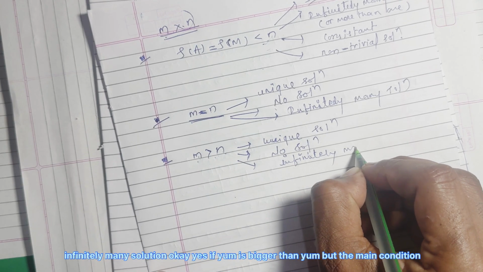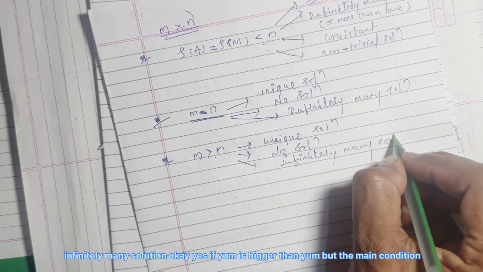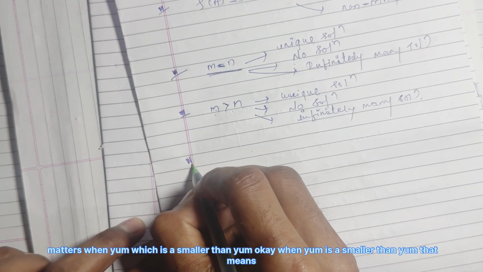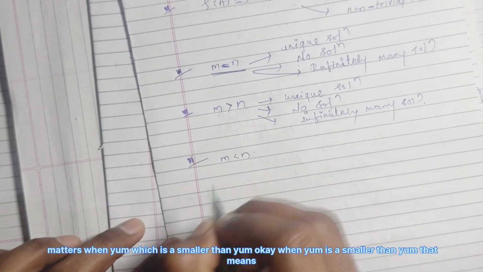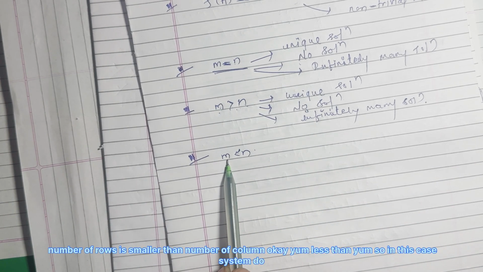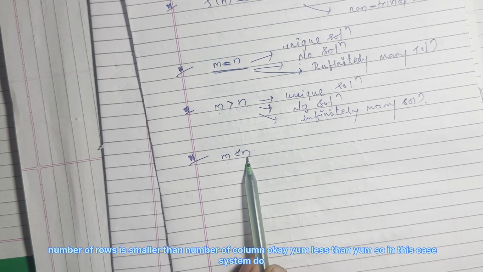Infinitely many solutions, yes, if m is bigger than n. But the main condition matters when m is smaller than n. When m is smaller than n, that means the number of rows is smaller than the number of columns, m less than n.